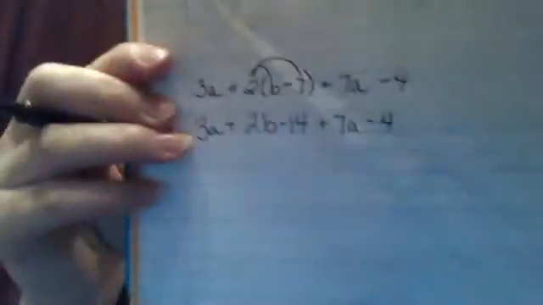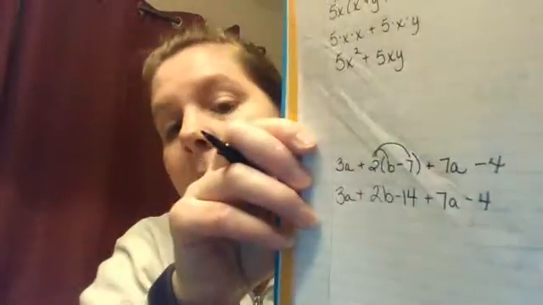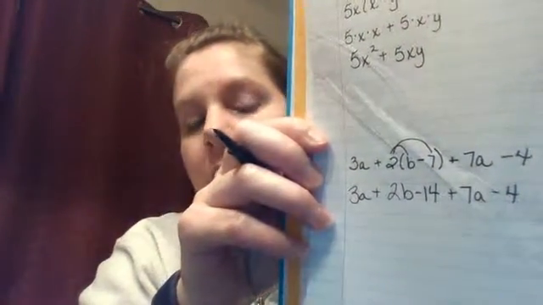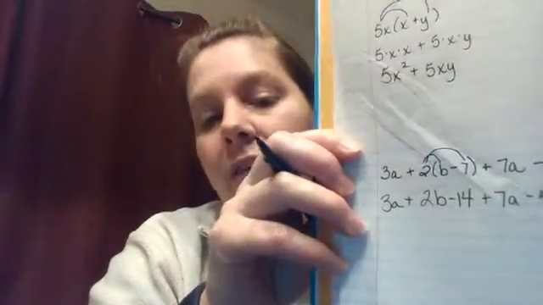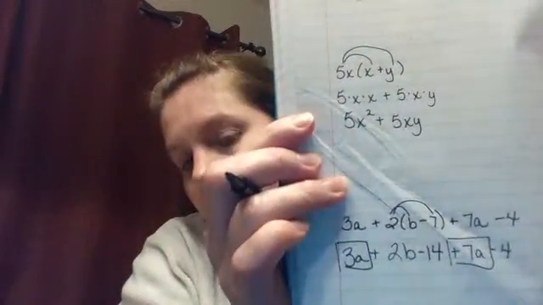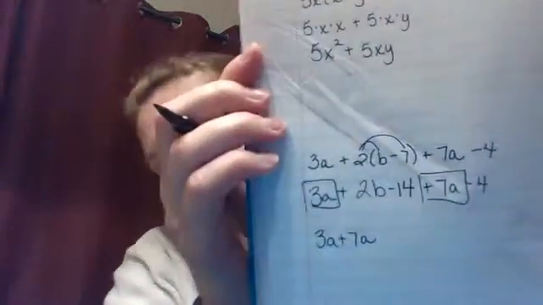Now next I want to look for like terms. So I'm actually going to rewrite this and sort my like terms together. So if we look, I've got 3a and then the plus 7a. Those are like terms. I'm going to write those right next to each other. So 3a plus 7a. The 2b, there are no other b's.